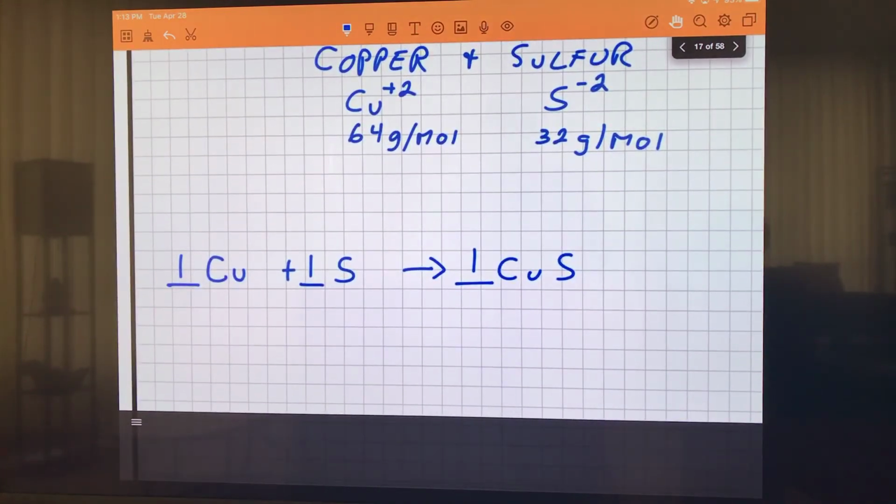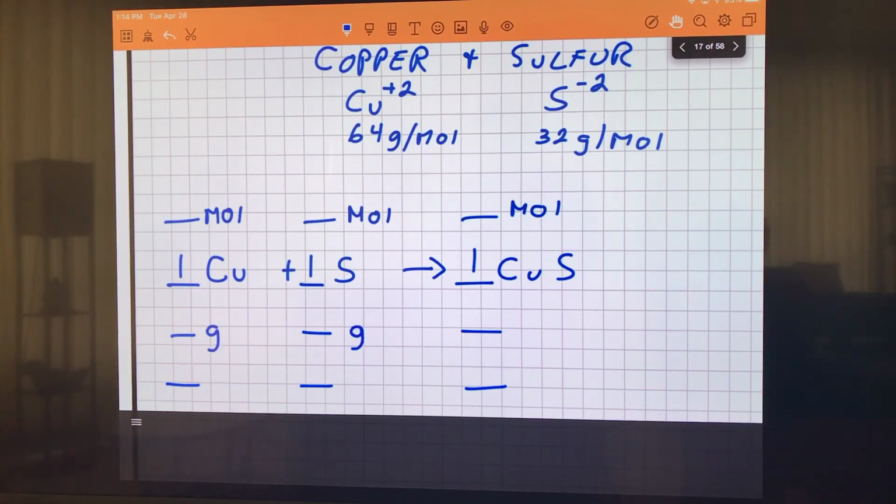Our next step is to draw our lines. So remember, we draw 2 lines below each one and 1 line above each one. The ones on top we label moles, always moles on top, because that's what our recipe is in, and grams on the bottom.